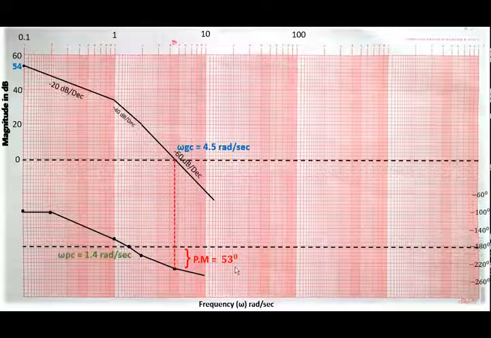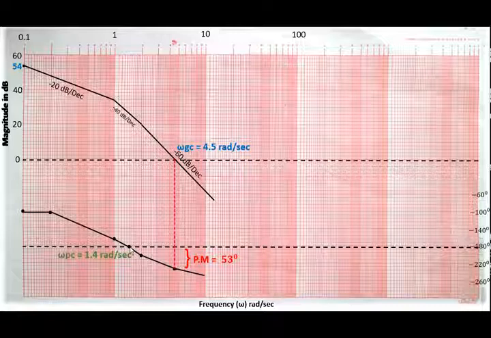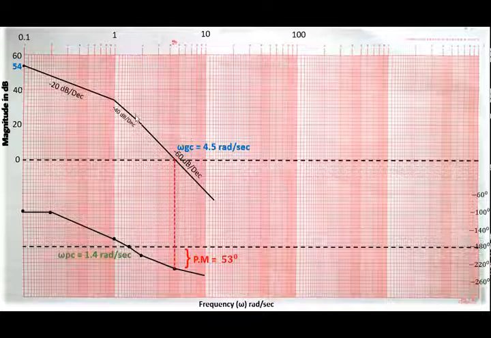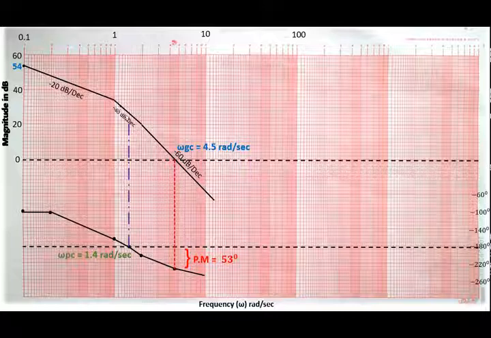In the same way, here you have omega PC, that is the phase crossover frequency. Starting from this phase crossover frequency, draw an upward line till it reaches the magnitude plot.